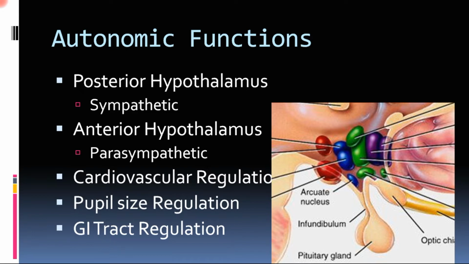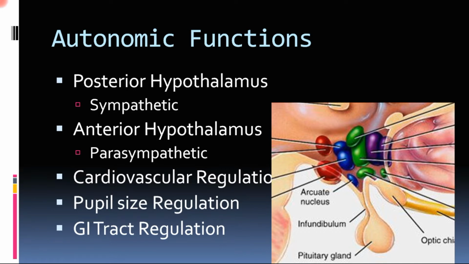And in the last example, the GI tract: if we stimulate the posterior hypothalamus, because of the increase in sympathetic outflow there will be a decrease in the motility of the GI tract and a decrease in the secretion of glands in the GI tract. Whereas when the anterior hypothalamus is stimulated, there will be an increase in motility and an increase in secretion.